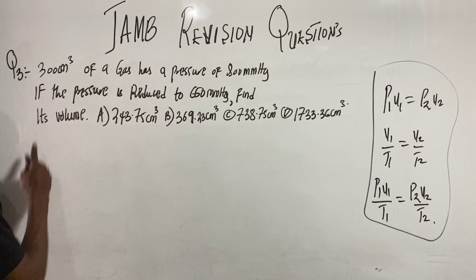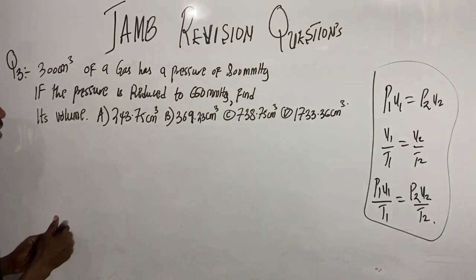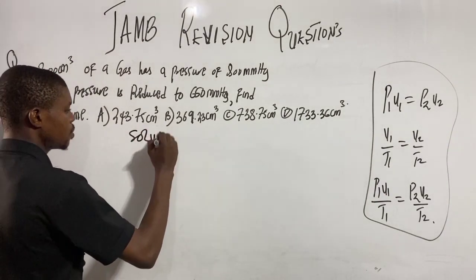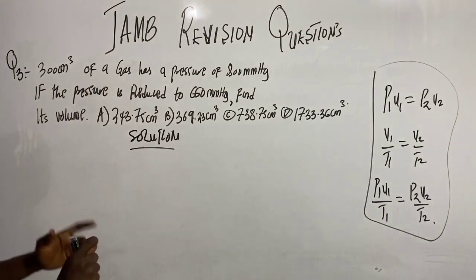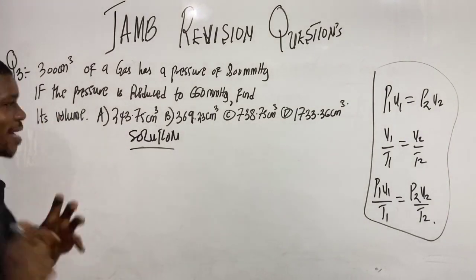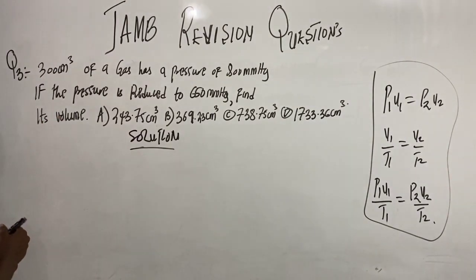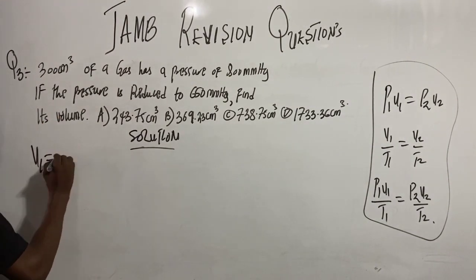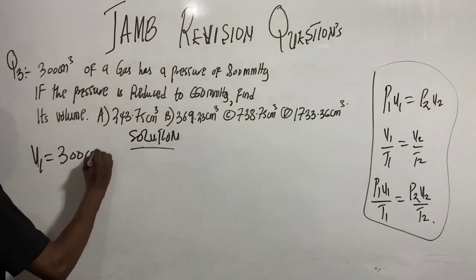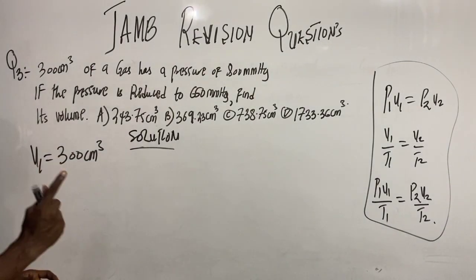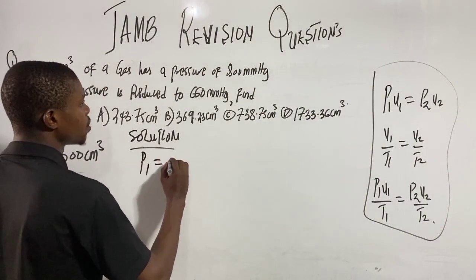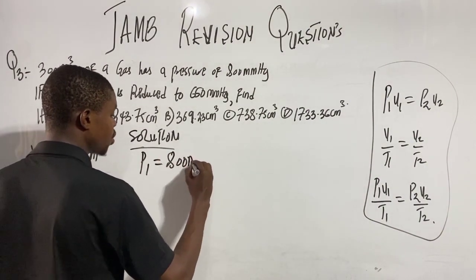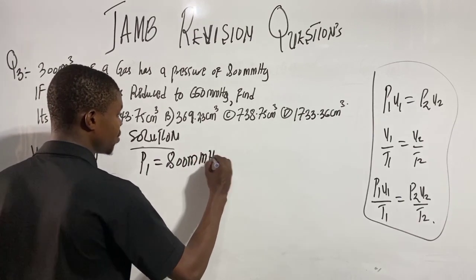So now it's 300 cm cube of a gas. So my V1 is going to be 300 cm cube, right? The gas has a pressure. That is my P1, which is going to be 800 millimeter of mercury.